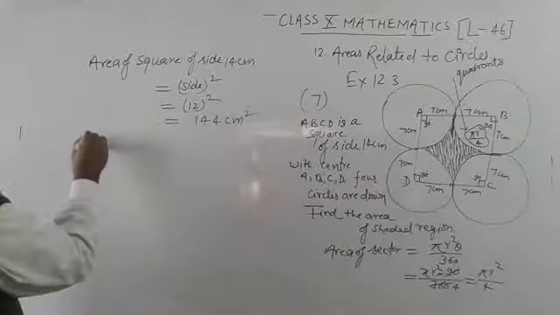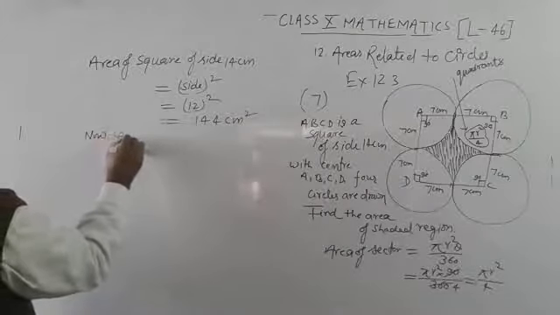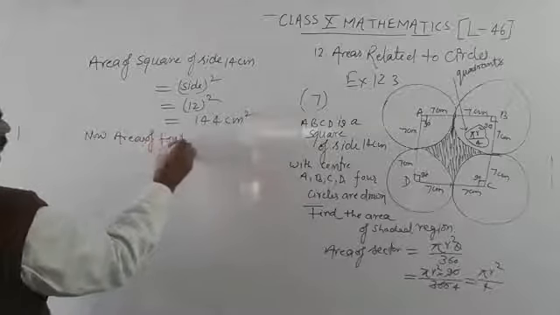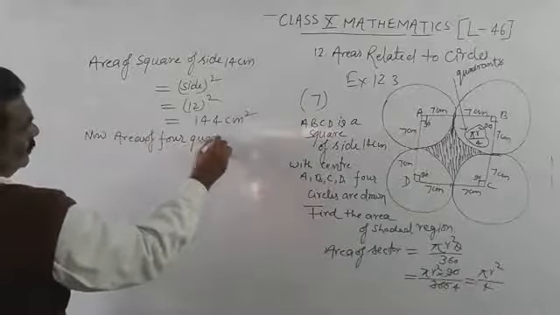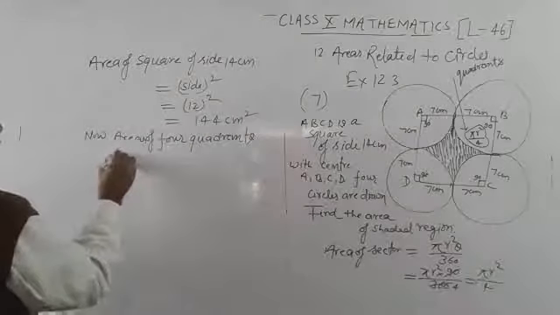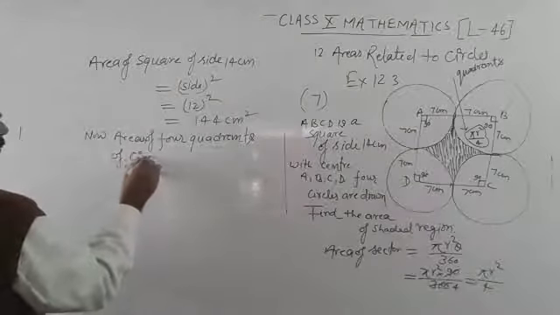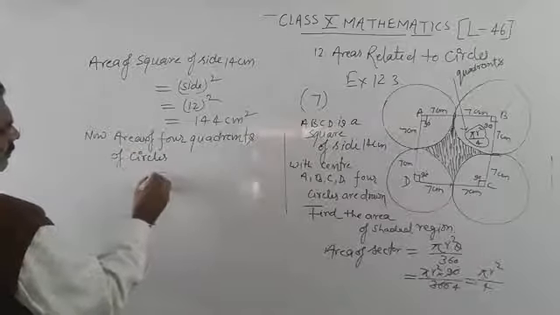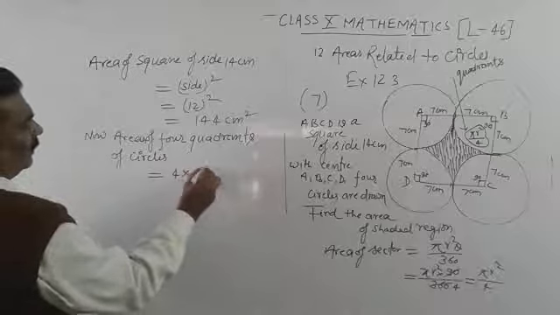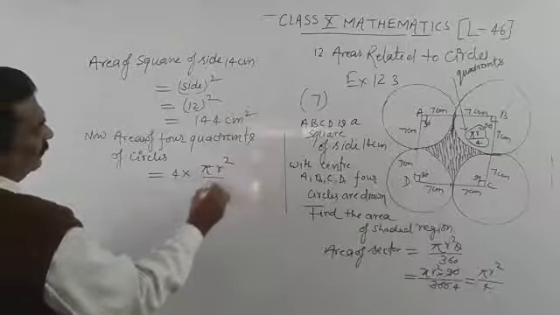Now students, areas of four quadrants of circles is equal to 4 multiplied by pi r square upon 4.